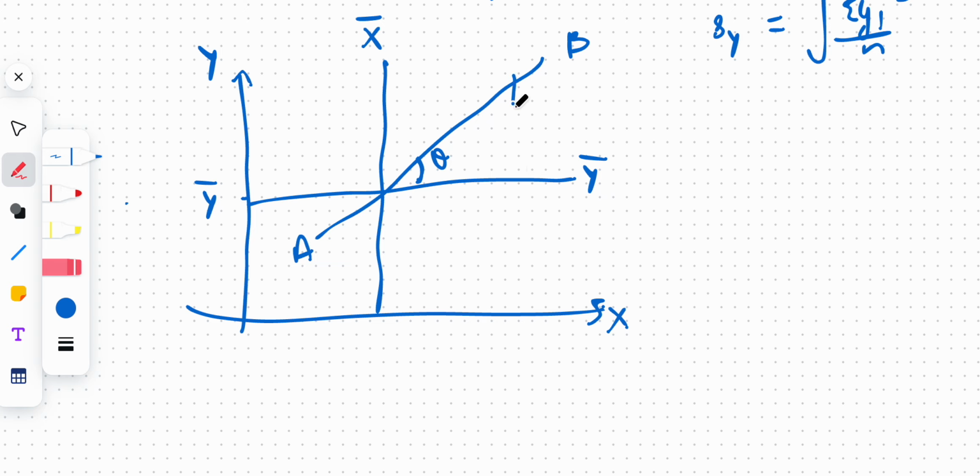From here I can calculate deviation, that is yi minus y bar, and from here I can calculate my xi, that is x minus x bar.